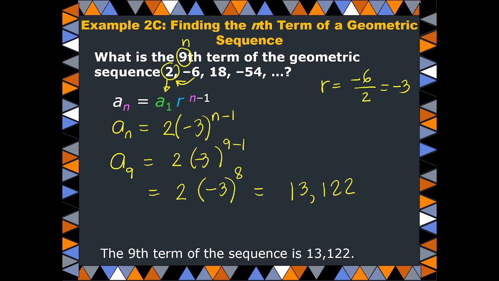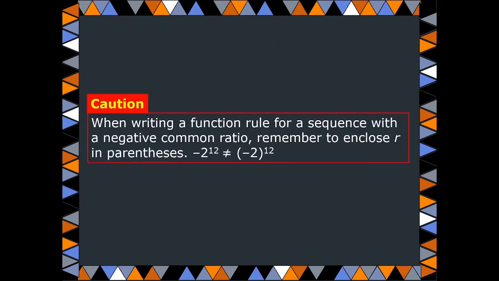Now, let's have a very important concept here. If there is a parenthesis there, just like over here, the two are not equal at all. Because if you're going to use your calculator without any parenthesis, negative 2 raised to 12 will give us negative 4,096.